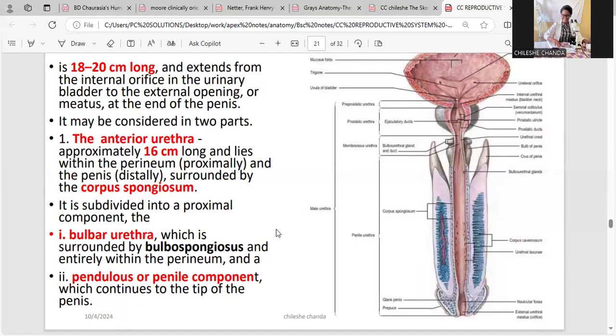This urethra is surrounded by a layer of erectile tissue known as the corpus spongiosum.